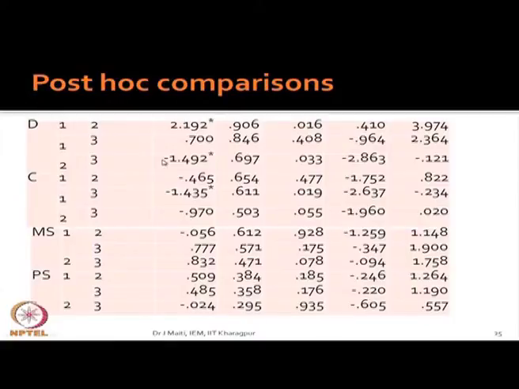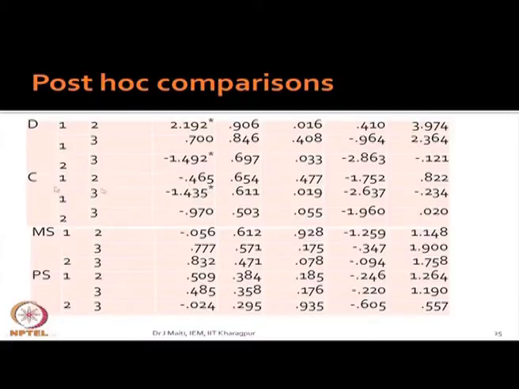What are those things? Basically you want to test, okay, there is a difference, but which groups are different? Wherever you are getting the star marks, these are different. So, from the demand point of view, officers and maintenance workers differ, and maintenance workers and operations workers differ, but officers and operations workers, that difference is not significant.